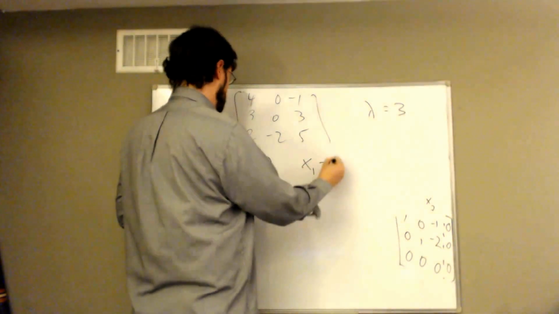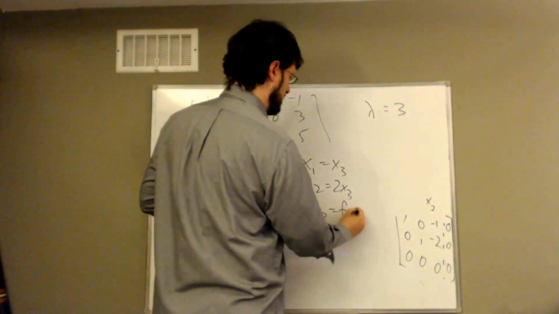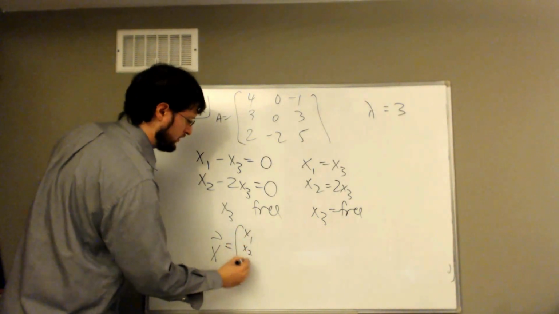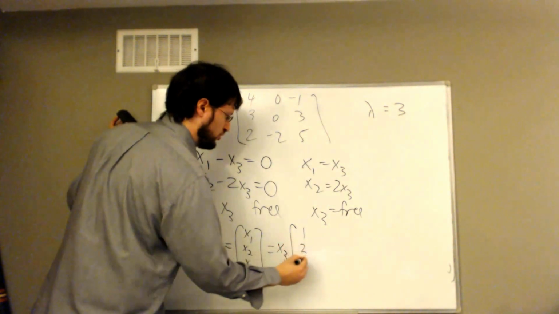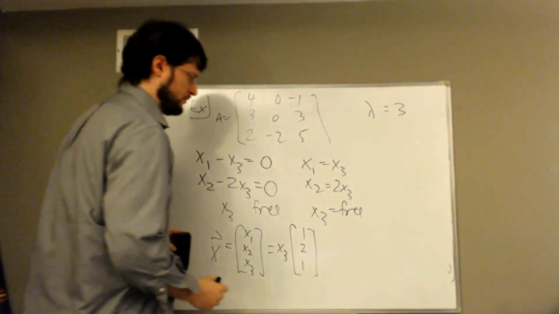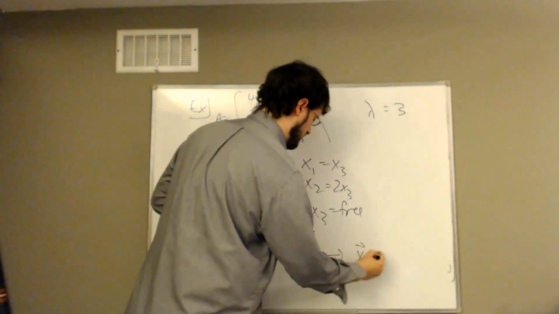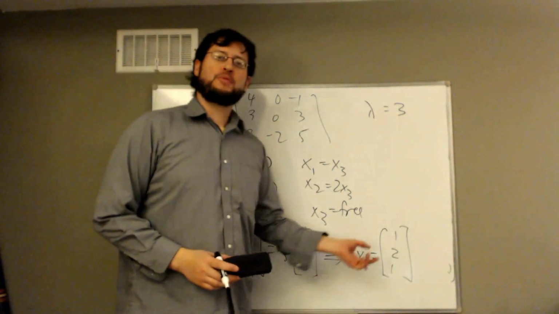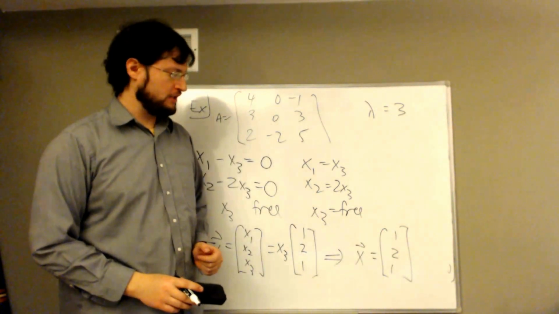Which says that x1 is x3, x2 is 2x3, x3 is free, which becomes x is x1, x2, x3 is x3 times 1, 2, 1. And so this is the eigenvector.